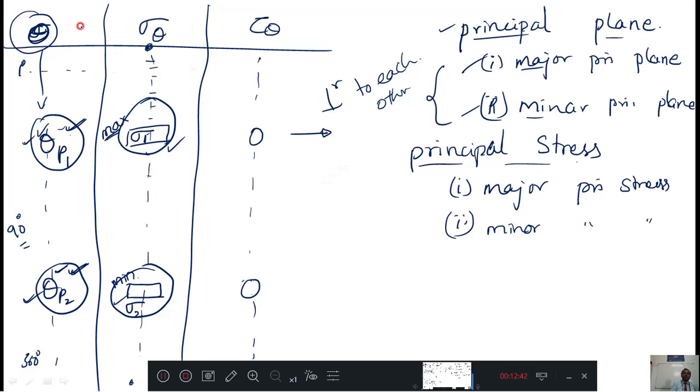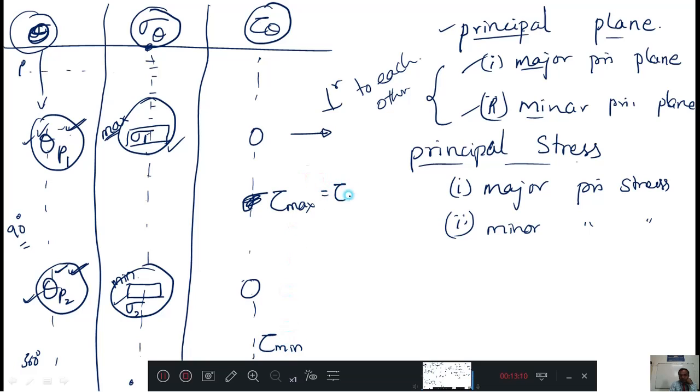Now, what I did, you just see here. I considered this table. On that I got one maximum normal stress and one minimum normal stress. The same way, if I concentrate on this side, here also in this column, I can get somewhere tau maximum and somewhere tau minimum.